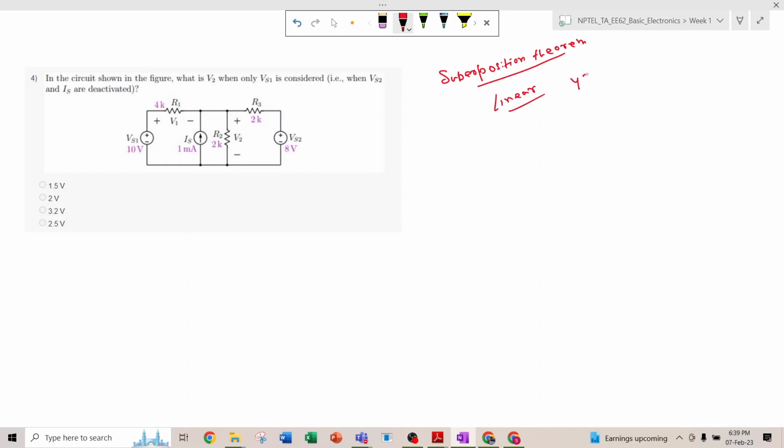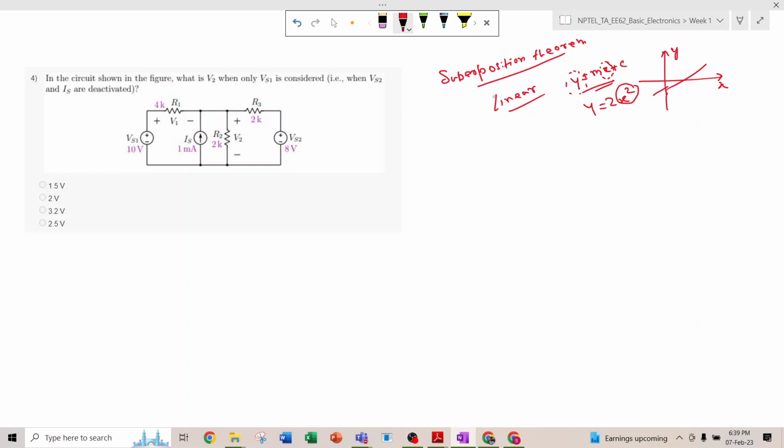Linear means y equal to mx plus c: there is x, the independent variable, and y, the dependent variable, which depends on x in a linear format. If y equals 2x squared, then it is non-linear because of the square. So the superposition theorem is applicable to linear elements, and these circuit elements are linear, so we can apply it here.